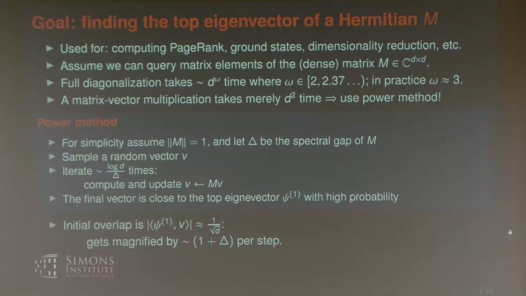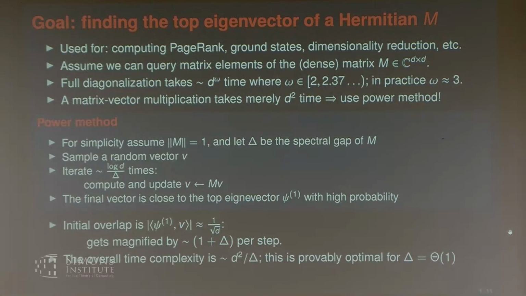And an observation is that if we have a random initial vector, then with the fixed top eigenvector, the overlap will be about 1 over square root d, because it's random. And in every step, the overlap is magnified by roughly a 1 plus delta factor until it reaches overlap around 1 at the end.